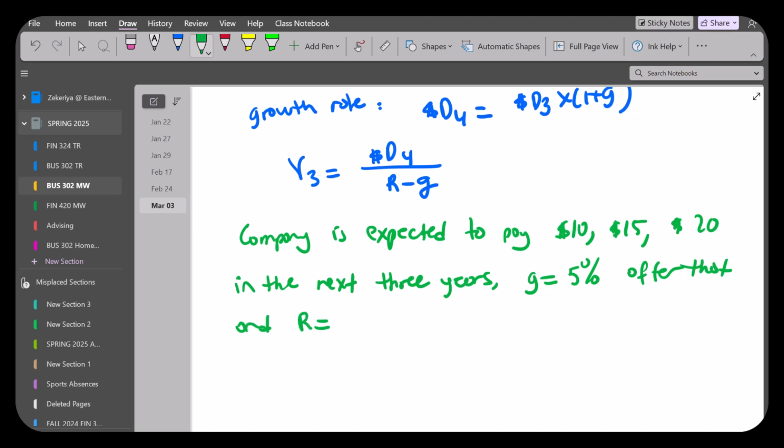And the discount rate is 8%. So what is the value of the firm?